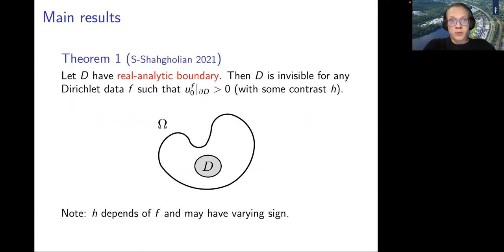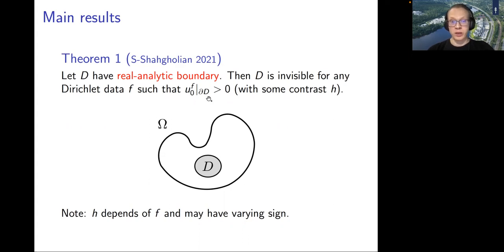The first theorem, which is joint with Chagolian, is saying that if the obstacle D has real analytic boundary, then D will be invisible for any Dirichlet data f such that the incident wave is positive on the boundary of D. So not just balls, but any set with real analytic boundary will be invisible for some Dirichlet data.